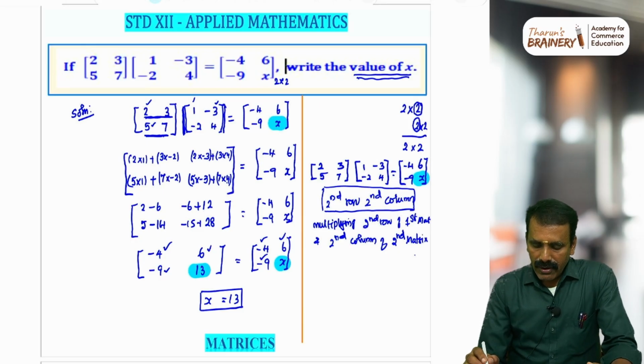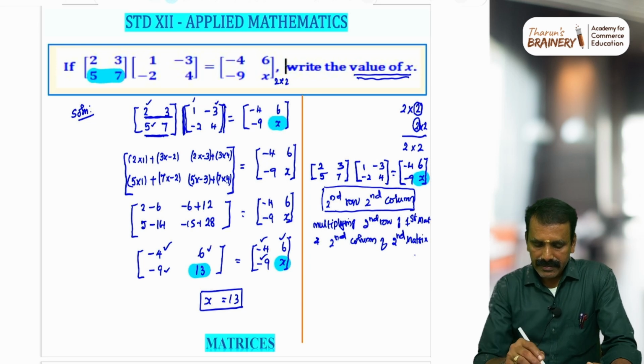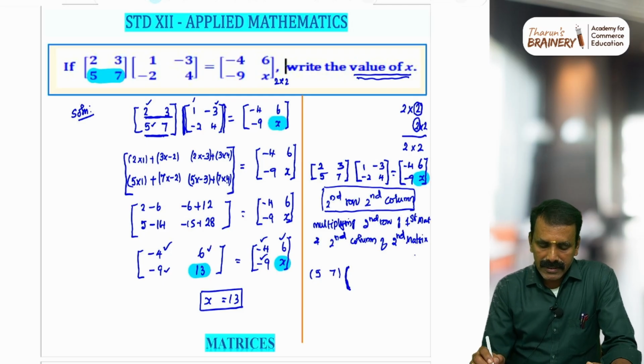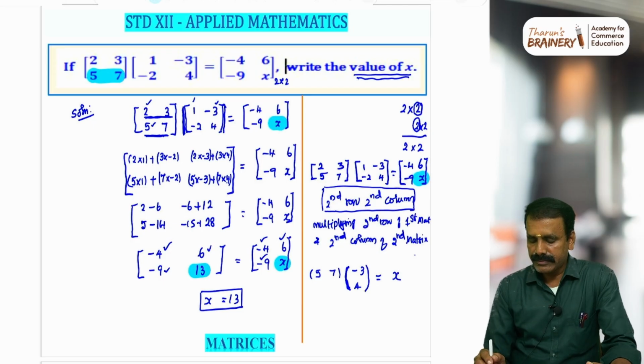Now what is the second row of the first matrix? The second row of the first matrix is going to be 5, 7. So 5, 7. What is the second column of the second matrix? Minus 3, 4. And if you multiply this, it is going to be equal to your x.